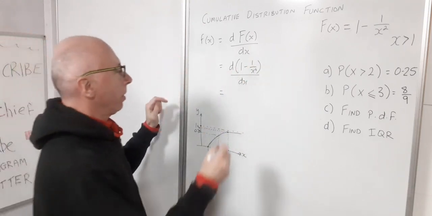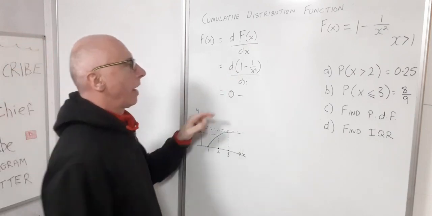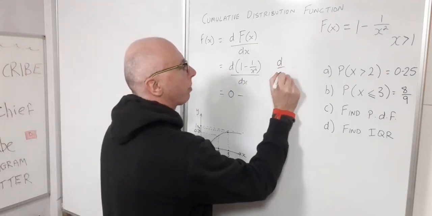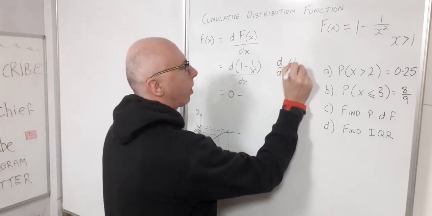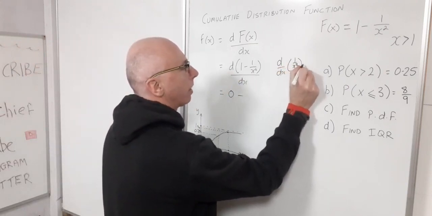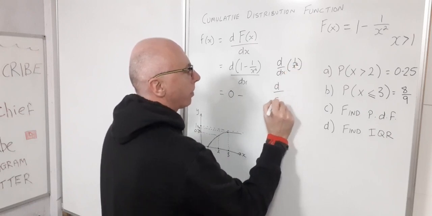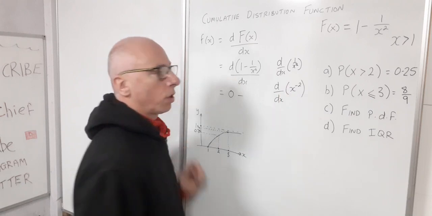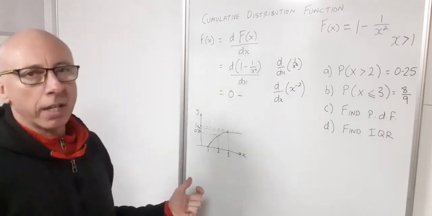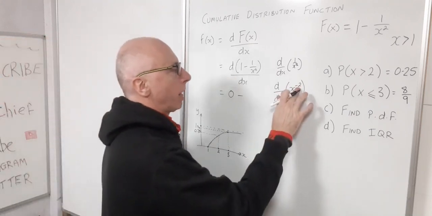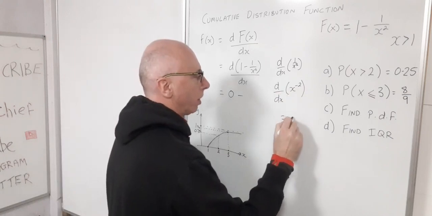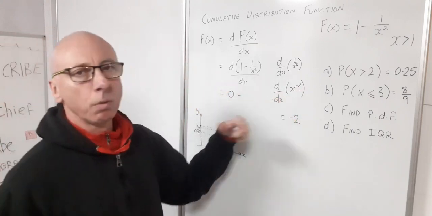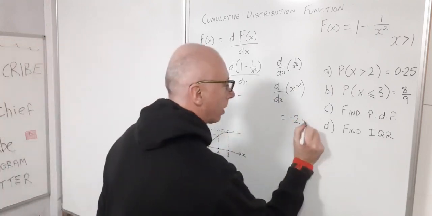So take the derivative of this. The derivative of 1 is 0. And then the derivative of 1 over x squared. The derivative with regards to x of 1 over x squared is the same as the derivative with regards to x of x to the minus 2. When taking the derivative, bring the minus 2 to the front and then drop the power by 1. So minus 2 minus 1 is minus 3.